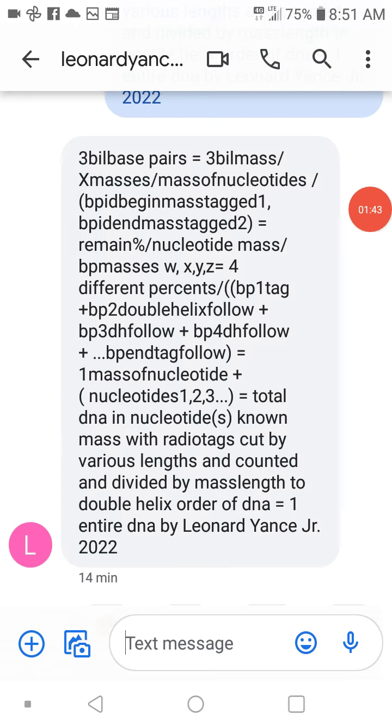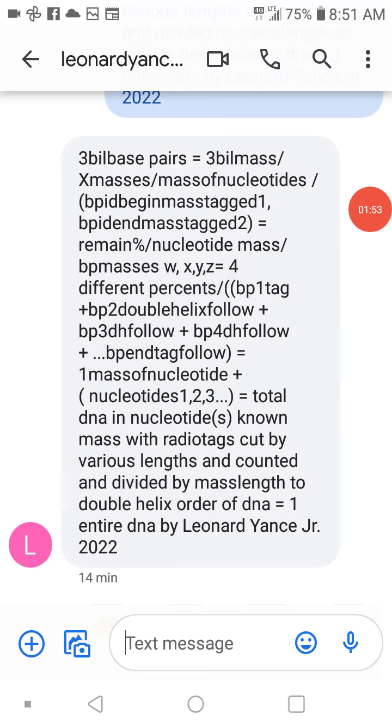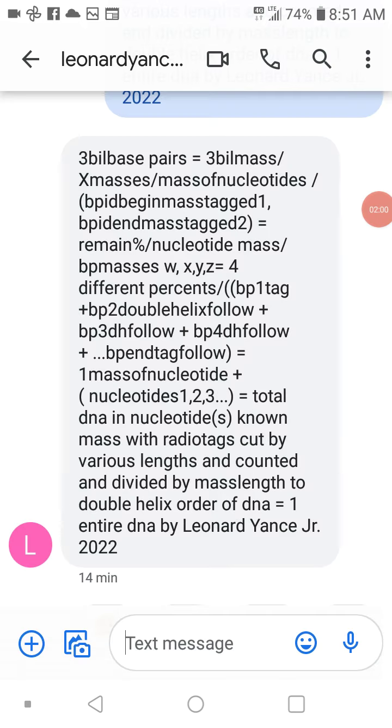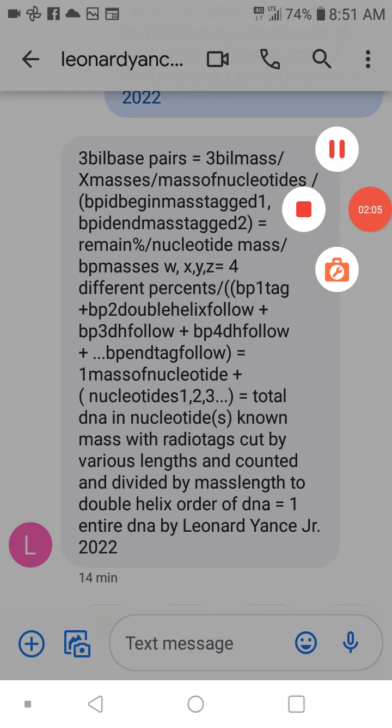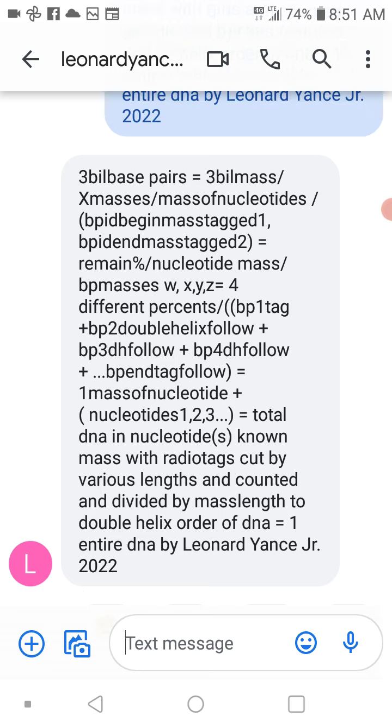And then basically you just follow this formula right here, and you add up all the masses of the base pairs that follow the double helix shape, which are all masses of the nucleotides, and you add the nucleotides together, and you get the total DNA by the mass links of the double helix order of one entire DNA.